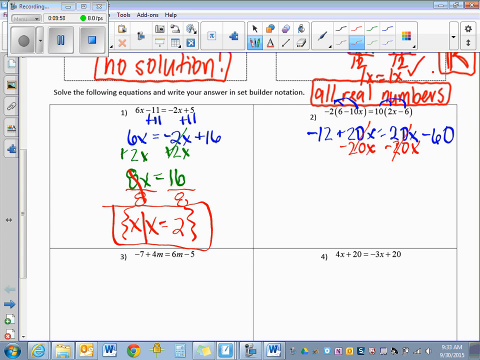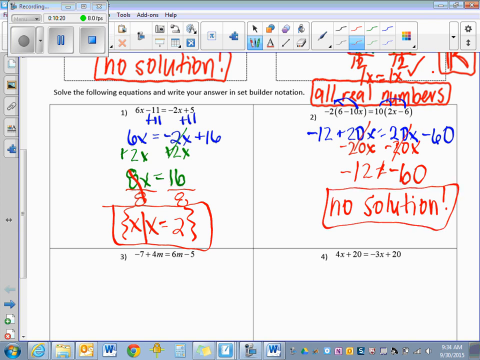Notice that 20x minus 20x equals 0. It cancels out on the other side as well. So we get negative 12 equals negative 60. Is this ever true? No! That is not a true statement. So we say no solution. Any questions on that one?